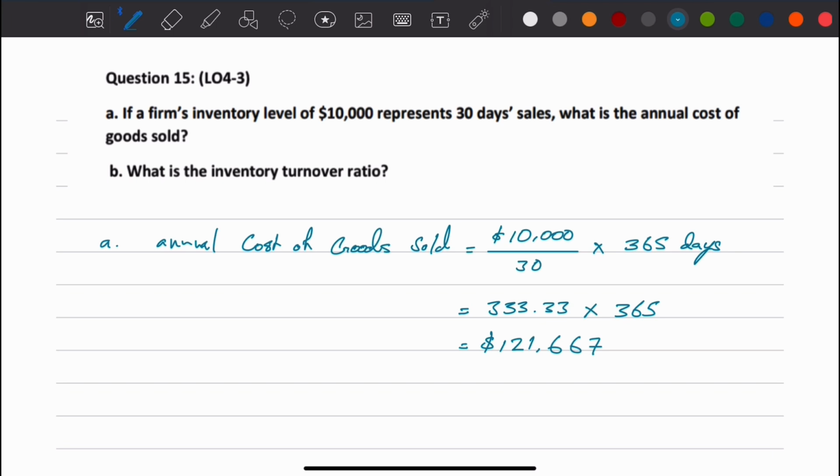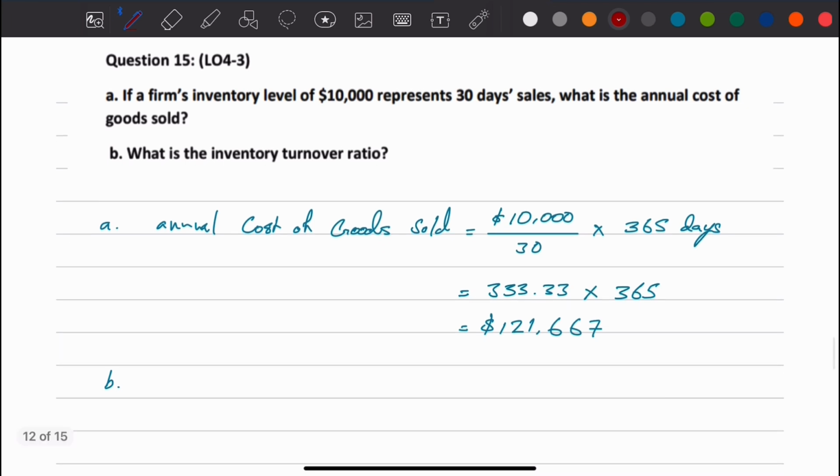All right, and then for part B, what is the inventory turnover ratio? Okay, now for the inventory turnover, let's quickly remind ourselves of the formula for inventory turnover.